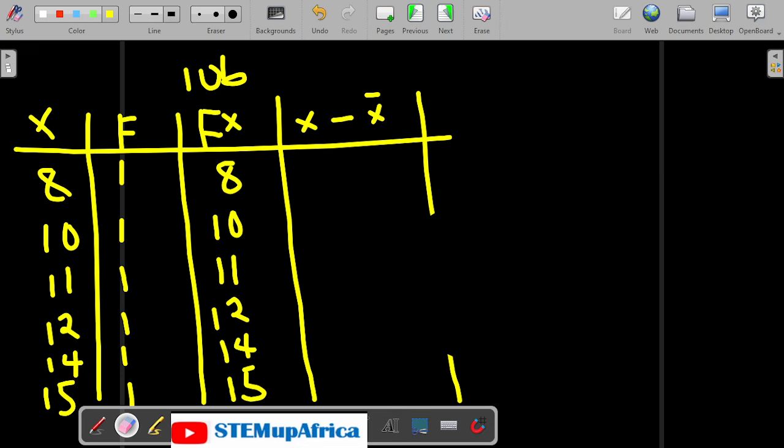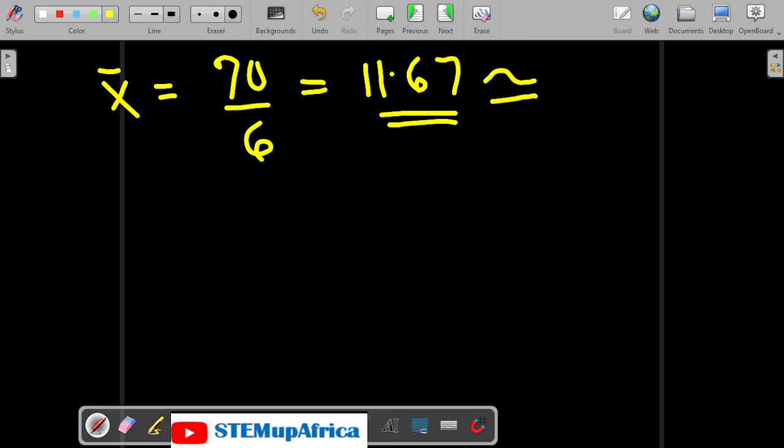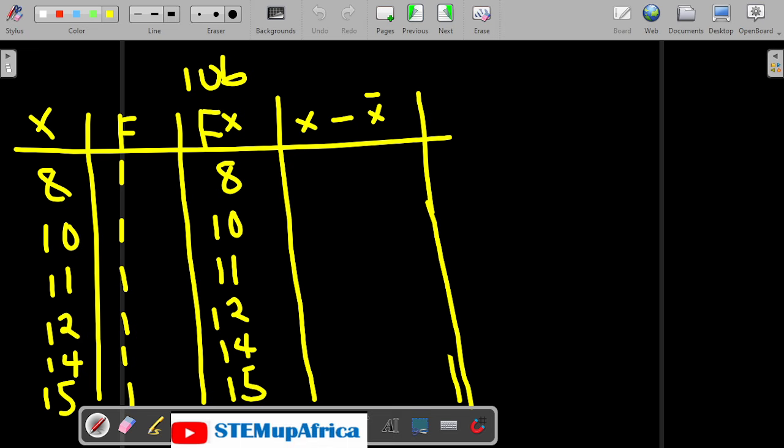Our x bar is 11.67, so let's leave it to one decimal, approximately 11.7. So I'm going to have 8 minus 11.7. My x is 8, my x bar is 11.7. That will give me minus 3.7. Then 10 minus 11.7 gives me minus 1.7.